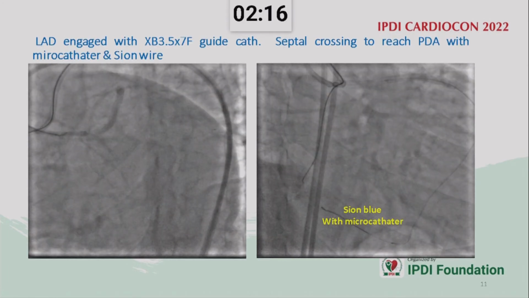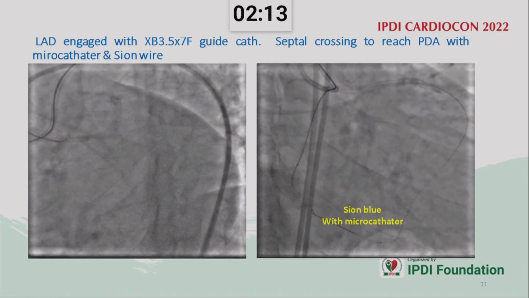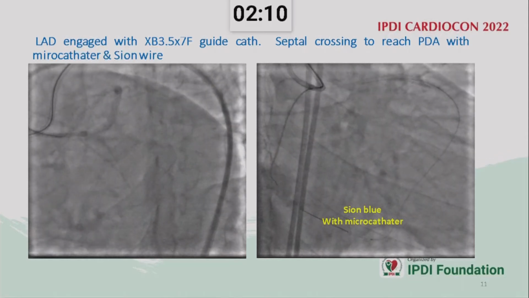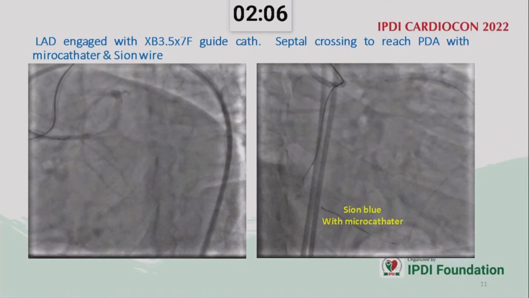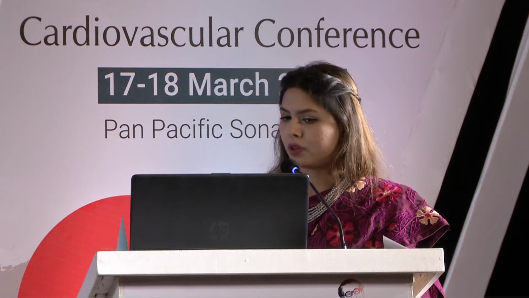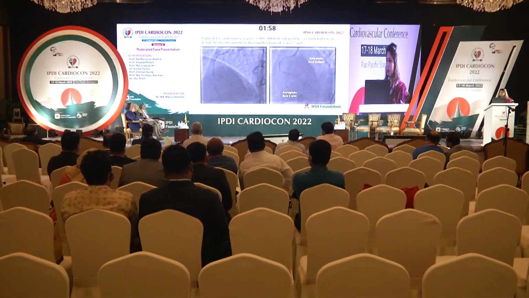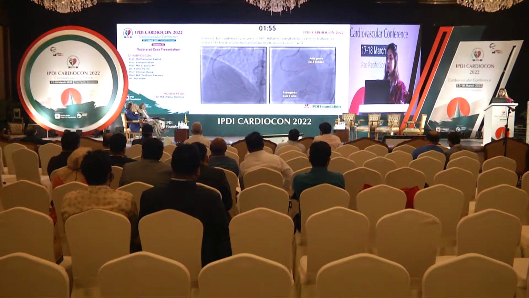For that, we engaged the LAD with an XB 3.5, 7 French guiding catheter and commenced the retrograde strategy with septal crossing with a microcatheter, Corsair in this case, and a Sion wire. We planned for contemporary reverse CART because the advantage was that it allowed minimum dissection of the subintimal space.